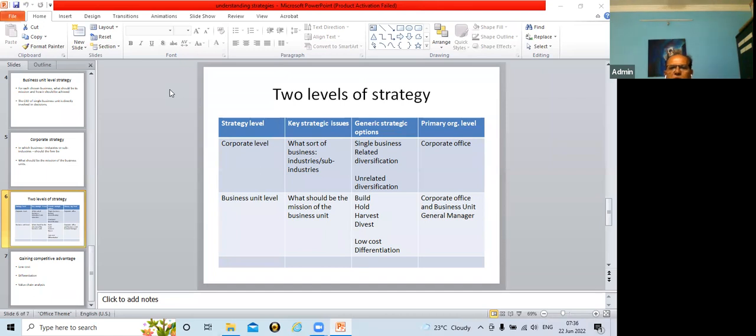Then the next column is the generic strategic option. Generic is nothing but core strategic, single business, or related diversification.